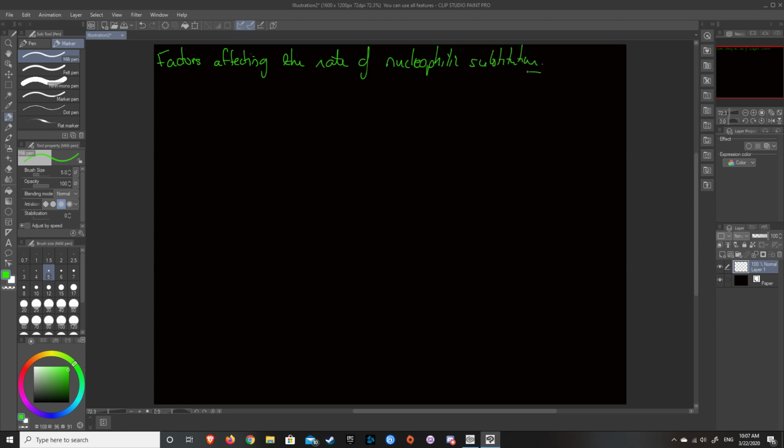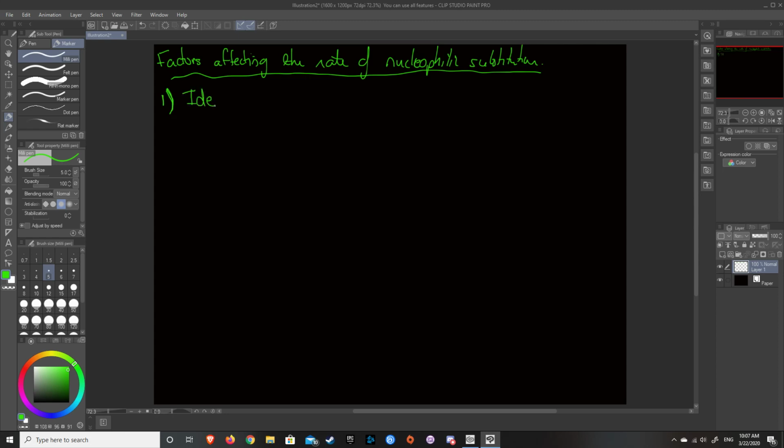We're going to be doing this in multiple videos, so basically this will just be the first one. The first one, and of course the most important for the tertiary SN1 mechanism, is the identity of the halogen.